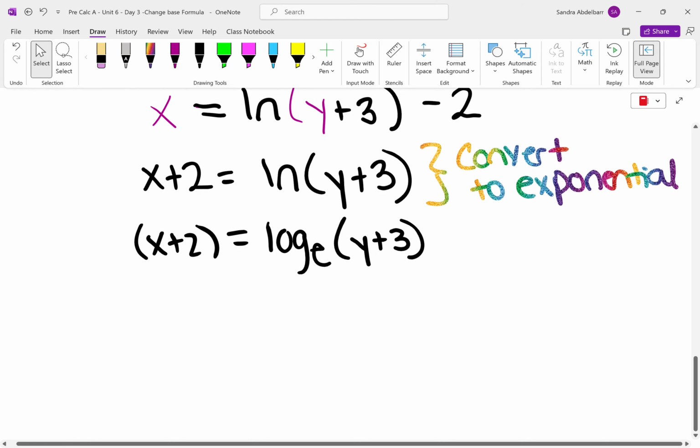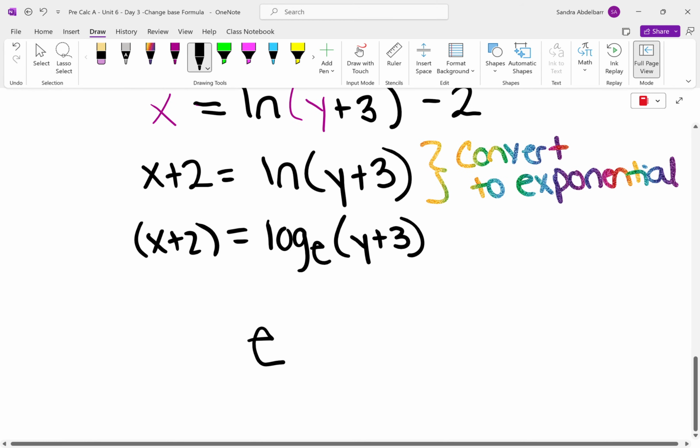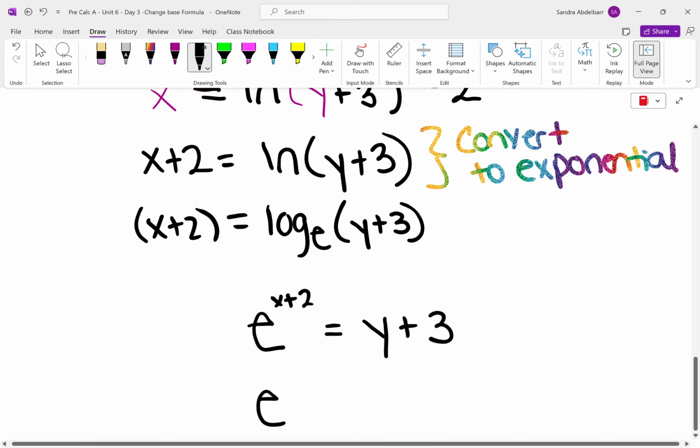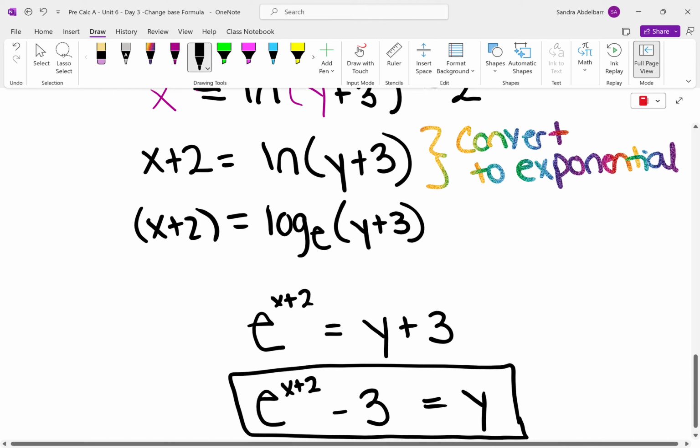So now when we convert back to exponential, we're going to have base e raised to the what? X plus 2 is equal to y plus 3. Is this my final answer? No, I'm going to now subtract the 3. So e to the x plus 2 minus 3 is equal to y. And that is the inverse.